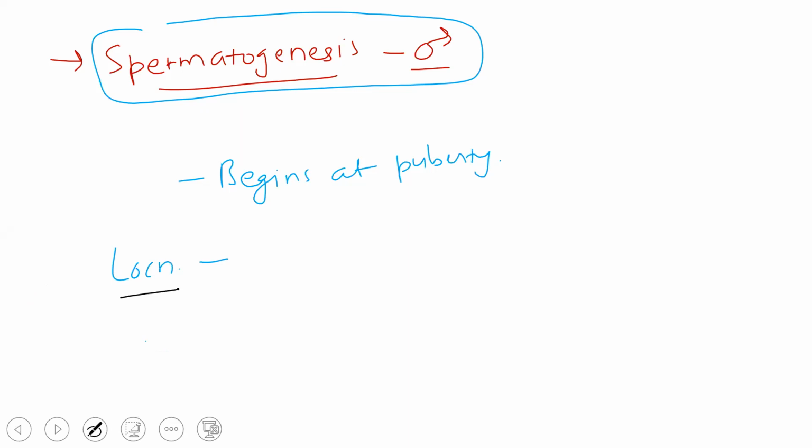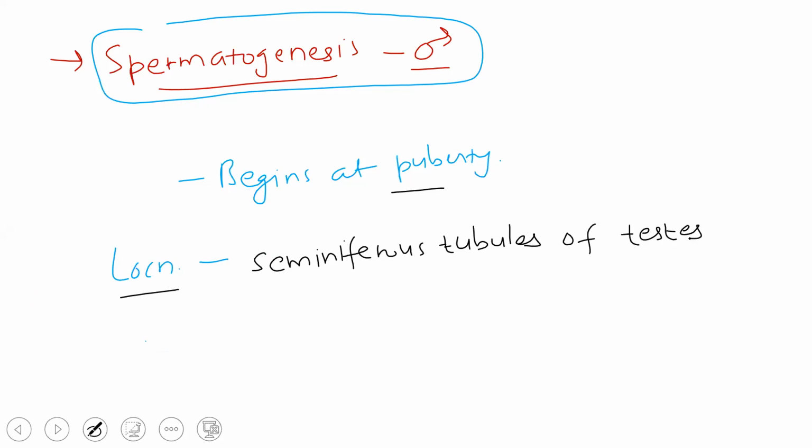Anyone, can you tell me where it is? It will be in the seminiferous tubules. Seminiferous tubules of the testis. Okay, got it. This is all you should know. And now we will talk about the entire process.